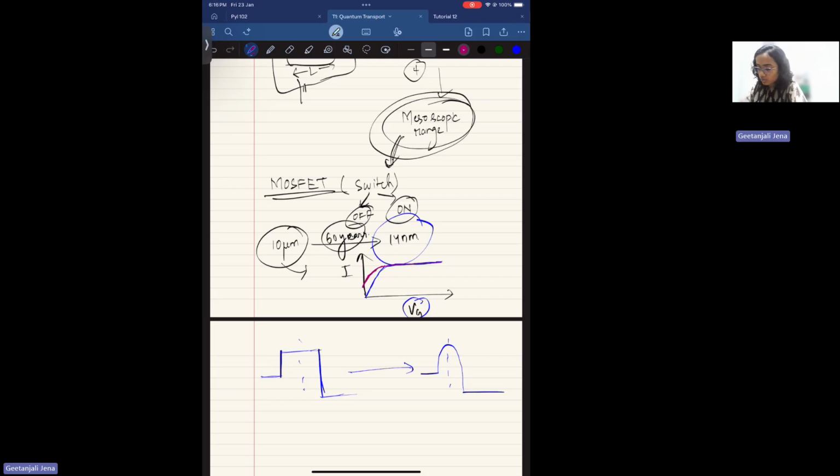So instead of a zero drain current, we'll see a leaky drain current. This is the size reduction effect. This leads to a non-zero leaky current when we reduce the barrier size, and this is also known as the short channel effect.